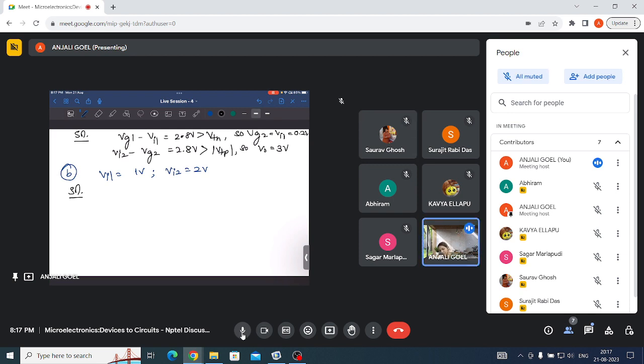So your Vg1 minus Vi1 equals 2 volt, which is greater than Vtn. So Vg2 is equal to Vi1, equal to 1 volt.